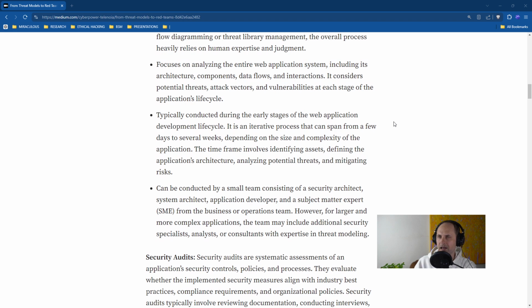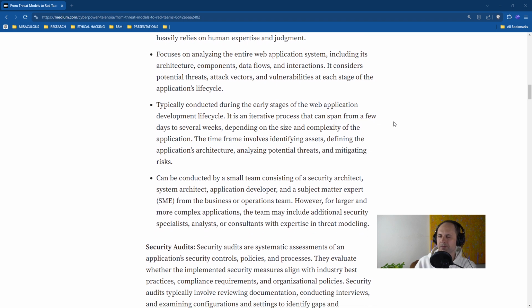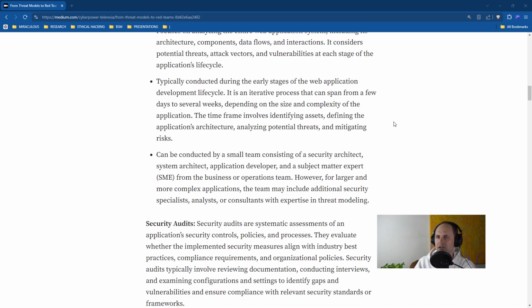They focus on analyzing the entire web application system, architecture, components, data flows, interactions, and consider potential threats, attack vectors, and vulnerabilities at each stage of the application's lifecycle. It's typically conducted during the early stages. It is an iterative process that can span a few days to several weeks, depending on the size and complexity.